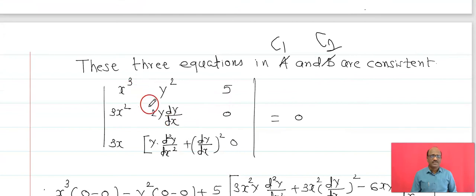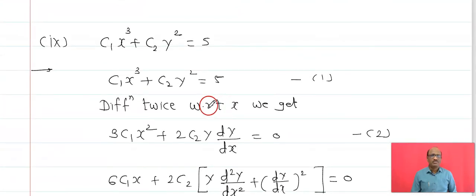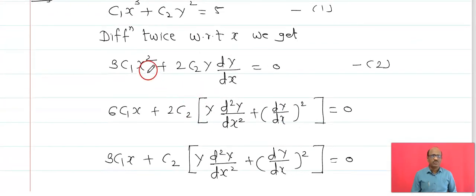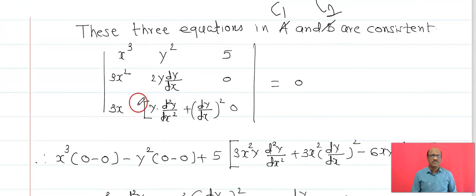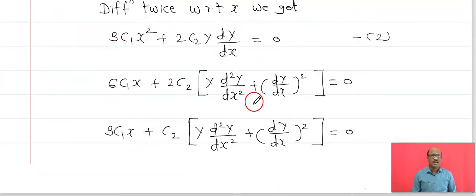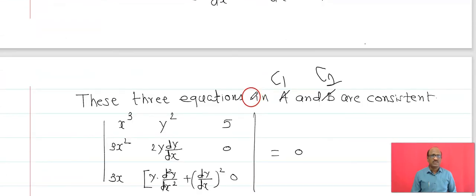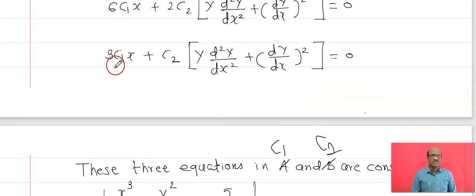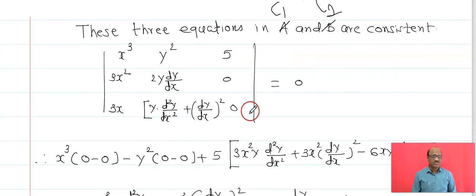The next equation, equation number 2, gives 3x square, 2y into dy by dx and 0. And the last, equation number 3, gives 3x, in bracket y into d2y by dx square plus (dy by dx) whole square, and the last entry will be 0.